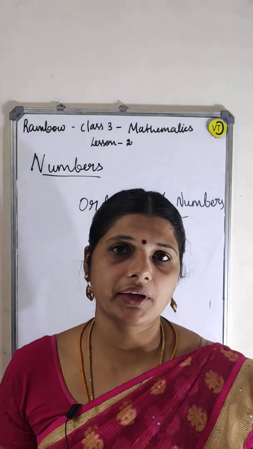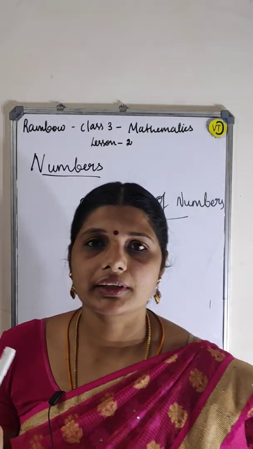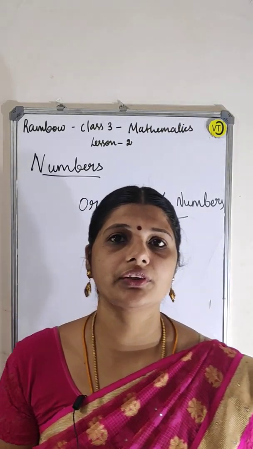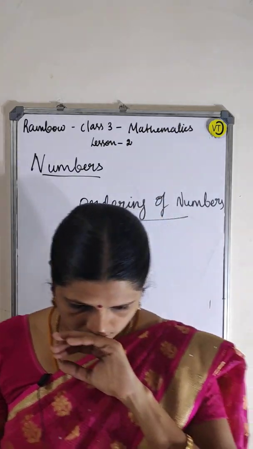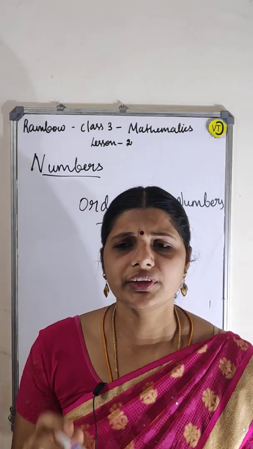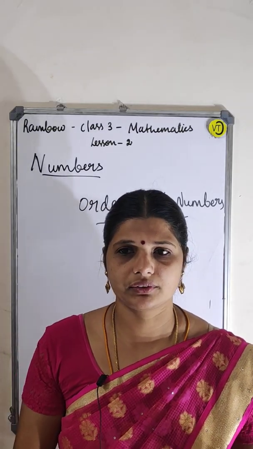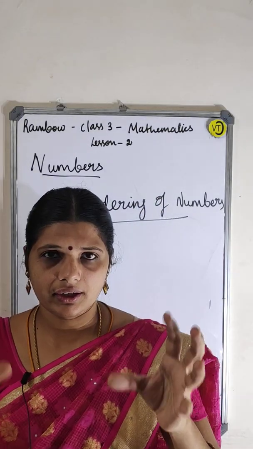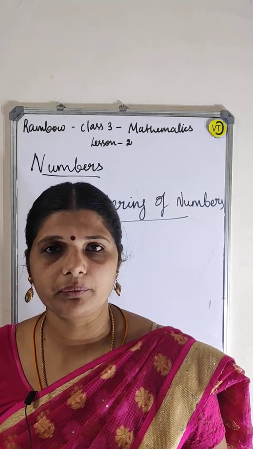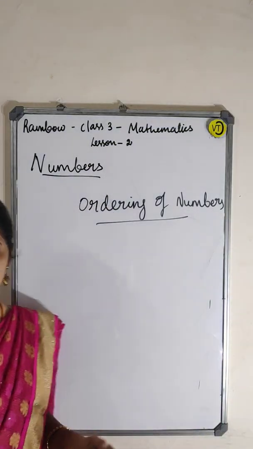Up to 3 digits you have seen in the lower classes. But here I am going to tell you in 4 digits. We can arrange numbers by comparing them. That is the order, right? We can compare the numbers one by one. I am comparing it. Okay, fine.